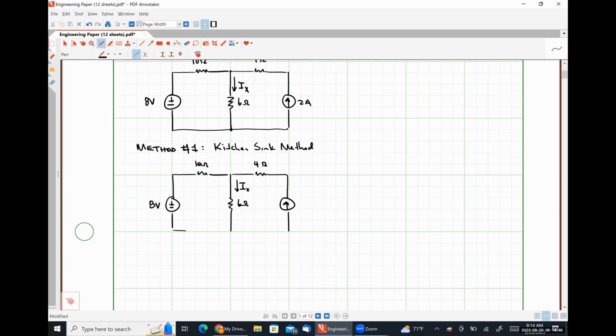And because we're going to wind up using Kirchhoff's voltage law and Kirchhoff's current law, I'm going to go ahead and define several different things here.